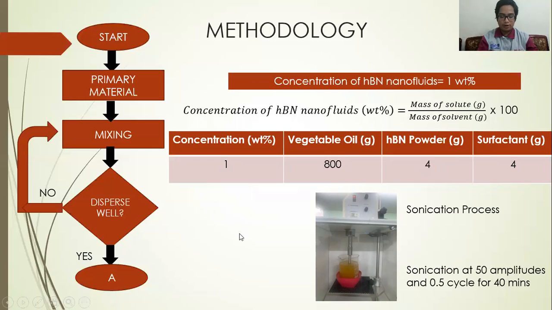For my preparation of the nanofluids, I prepared about 800 gram of vegetable oil, and the HBN powder I used is 4 gram, and the surfactant SPAN 85 I used is 4 gram. This nanofluid has been prepared using the ultrasonic homogenizer through the sonication process. This sonication process is done at 50 amplitude and 0.5 cycle for 40 minutes.